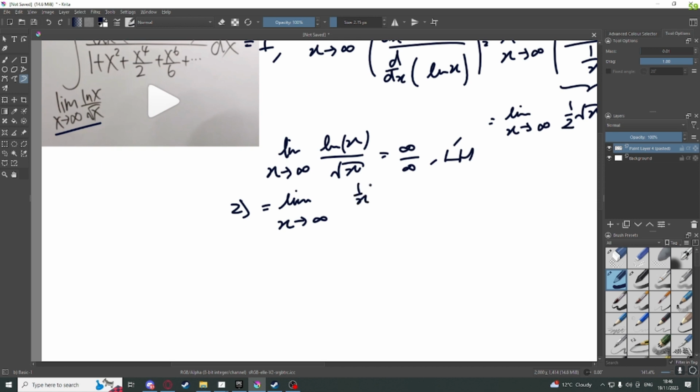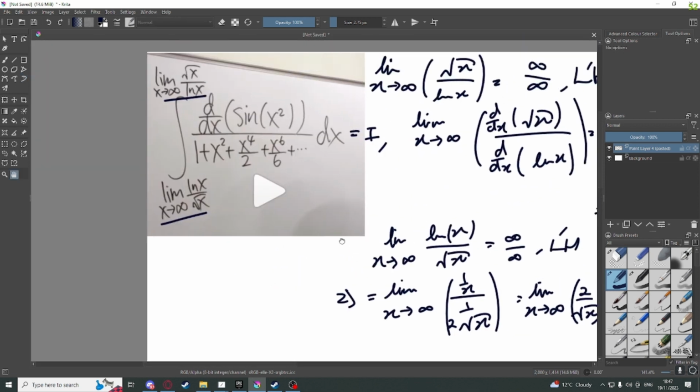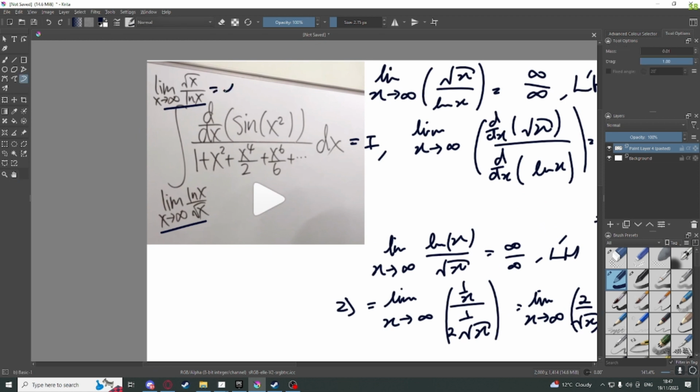The derivative of my upper function over the derivative of my bottom function, and this will be the limit as x approaches infinity of 2 over the square root of x, and this is in the form of 2 over infinity, which will tend to 0. So I can write this as infinity and I can write this as 0.